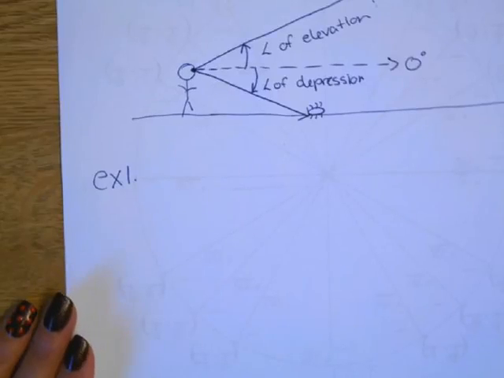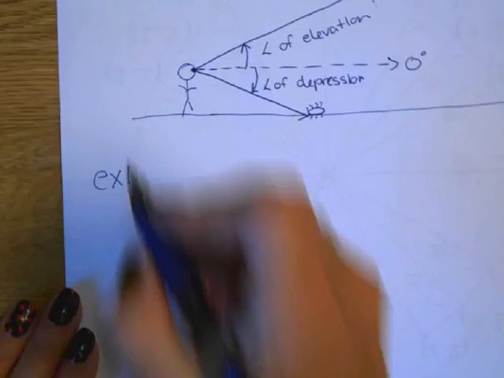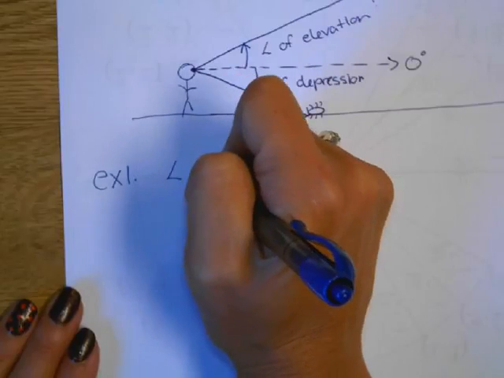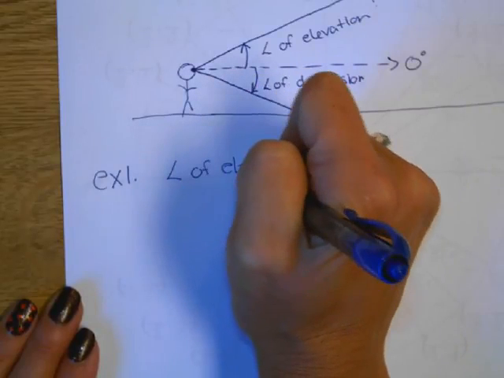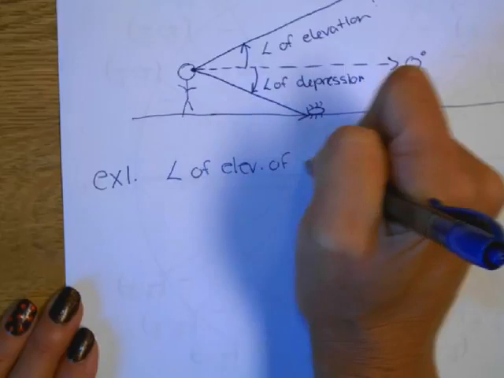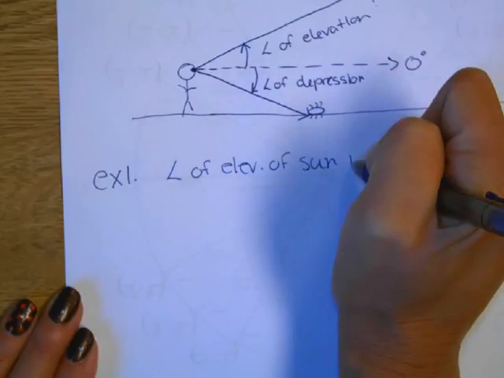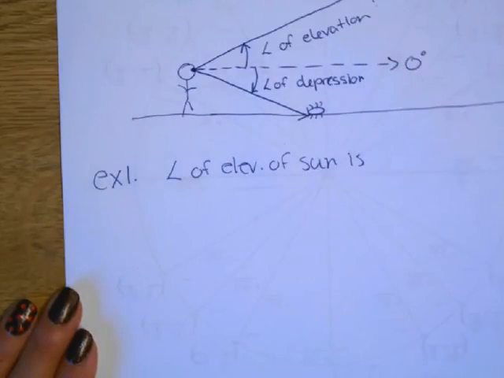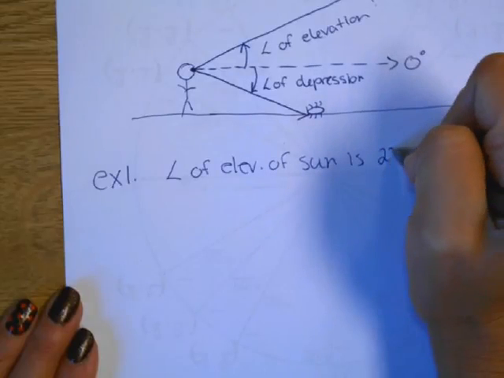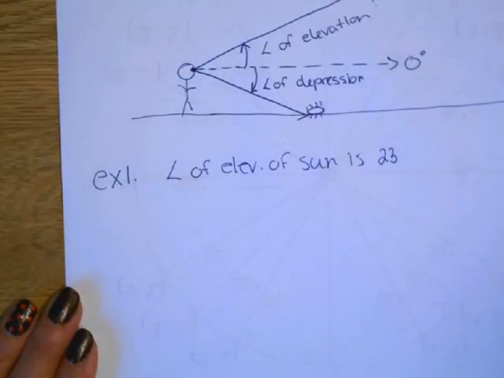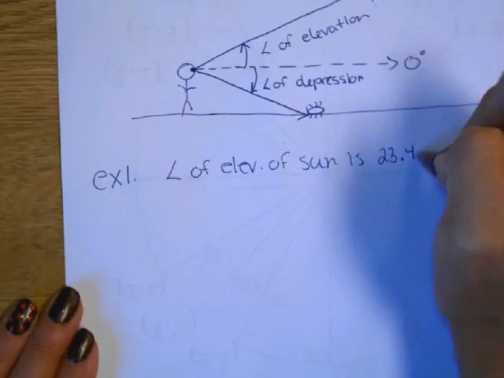Okay, let's just suppose the angle of elevation of the sun is 23.4 degrees, sorry, 23.4 degrees.